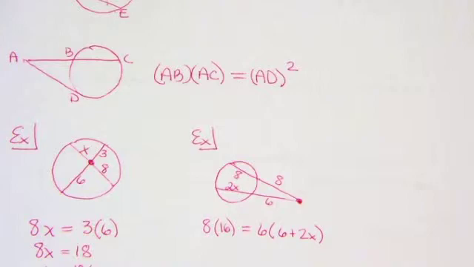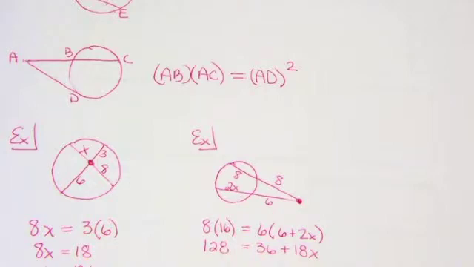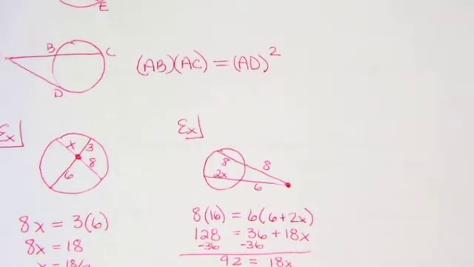All right, keep working this out. We get, I think this is 128, equals 36 plus 18x. Okay, subtract the 36. 92, and x is going to equal whatever 92 divided by 18 is.